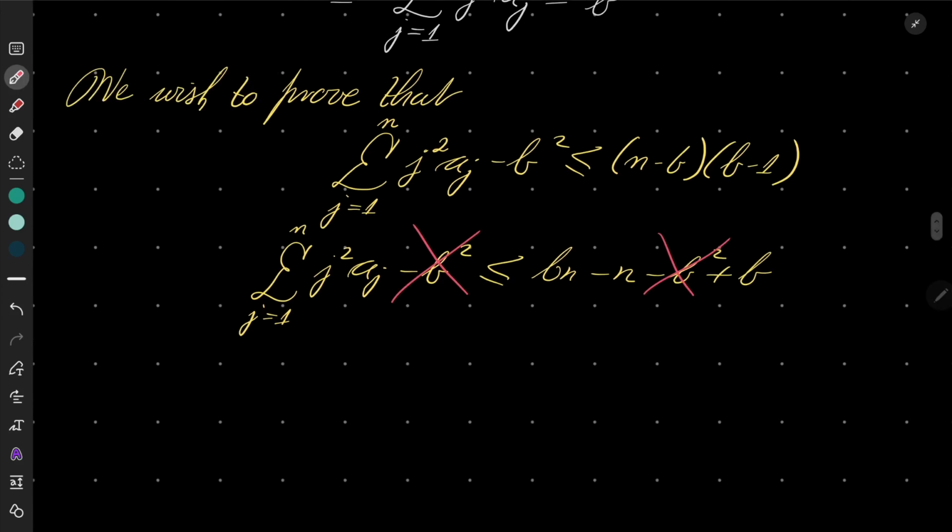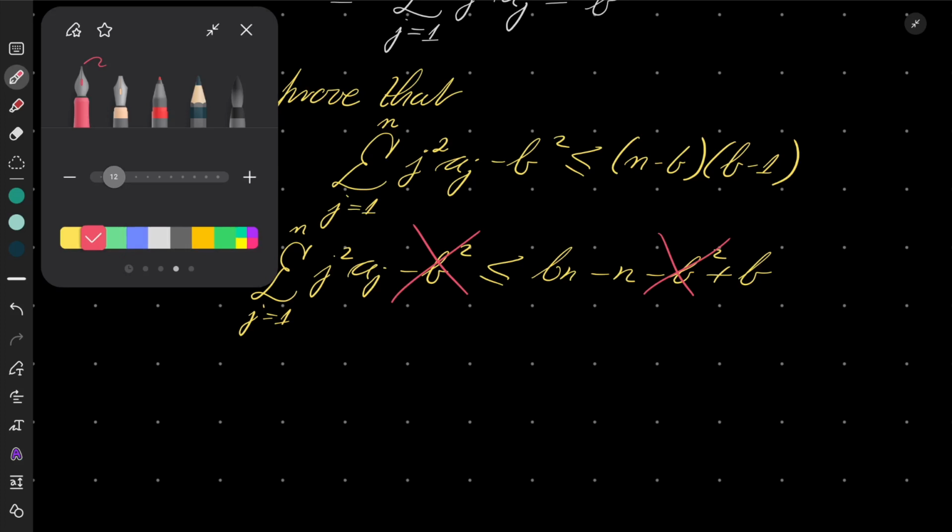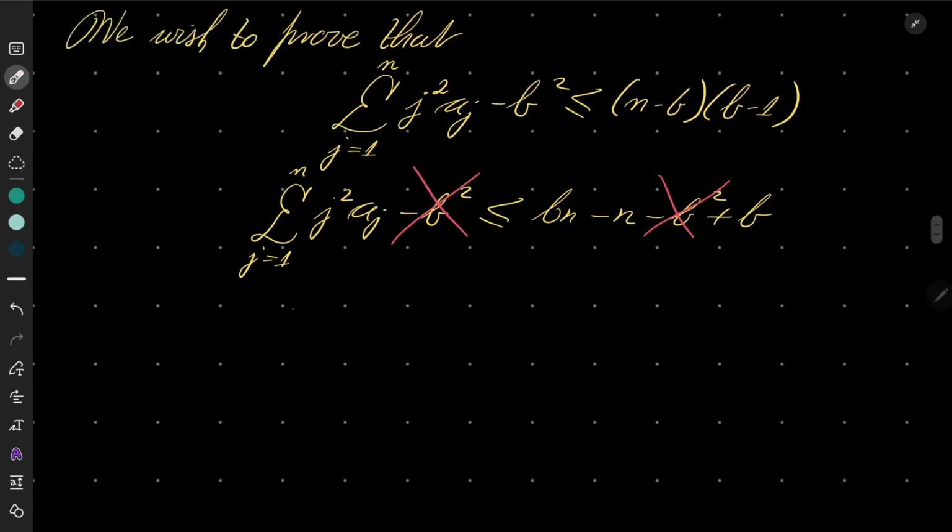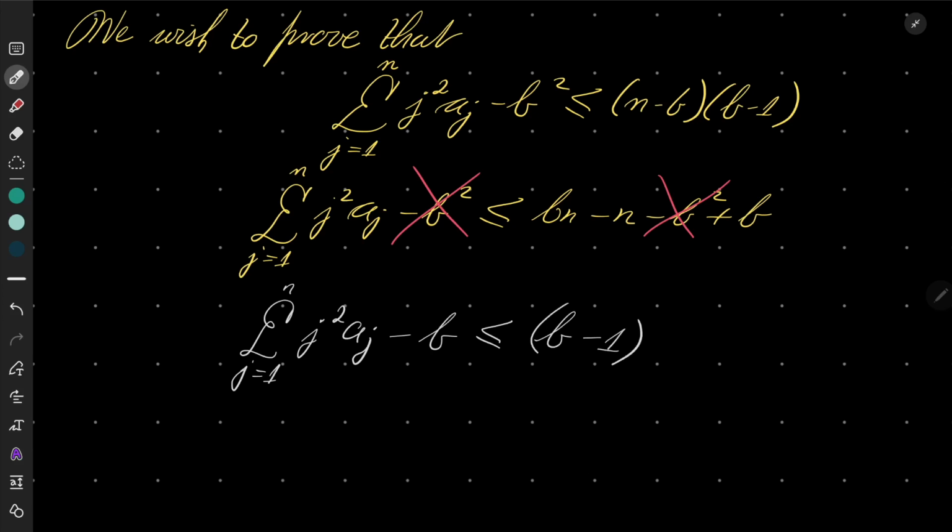And now let's do what exactly? Let's subtract b. And we get the following: the sum where j goes from 1 to n, j squared aj, minus b is less than or equal to (b minus 1) times n.